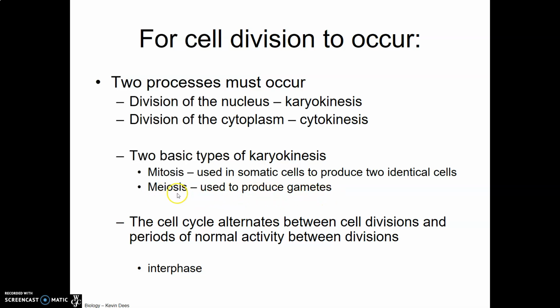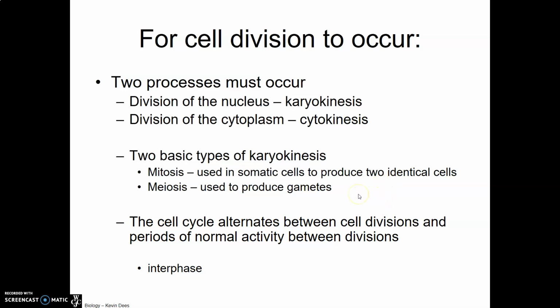And in this division, the cell will actually divide twice with only one replication or duplication of the genetic material. And so this will take our diploid cell that we begin with and reduce it into 4 haploid cells.